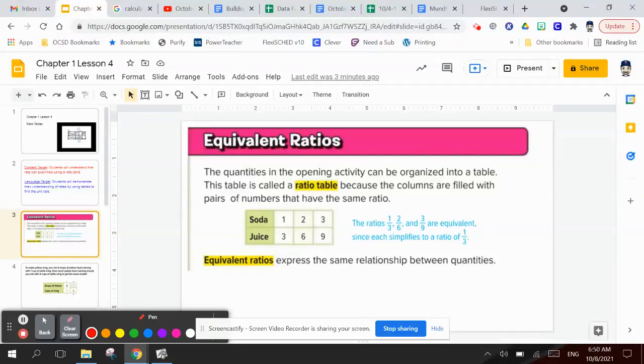So when they say the same ratio, that means that they are multiplying each by 3. 1 times 3 is 3. 2 times 3 is 6. 3 times 3 is 9. So that's where we get our ratio table, and that's why it's called an equivalent ratio, because it expresses the same relationship between the quantities, because I'm always multiplying by 3.